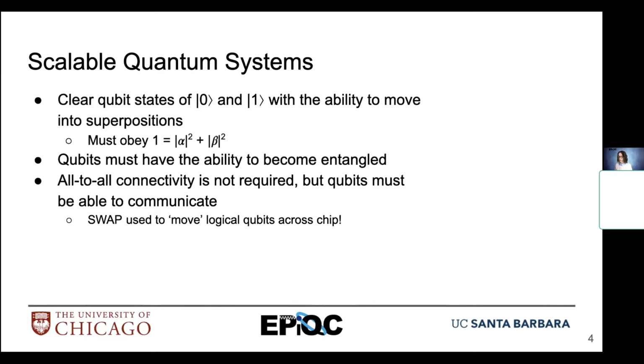We might not be able to actually move the qubits, but we can use that swap operation to logically swap the information of 2 qubits. So we need to make sure that we have a way to communicate across the chip, even if each qubit cannot directly talk to every other qubit with a physical connection. So oftentimes the swap operation helps us out in that case.